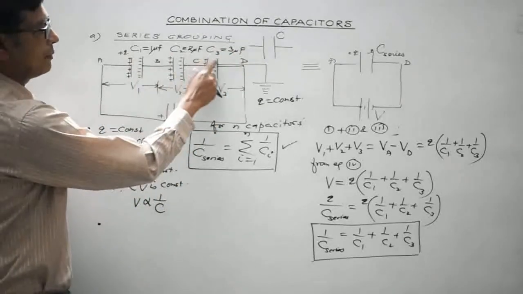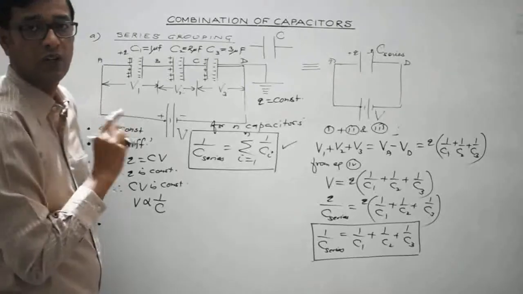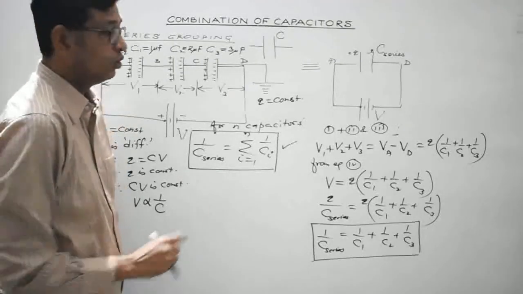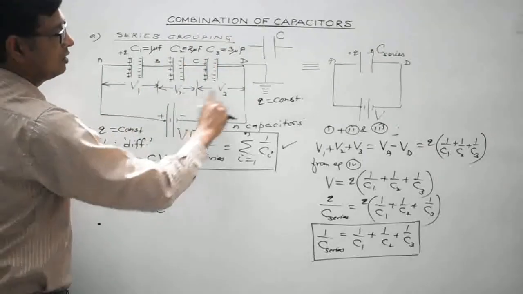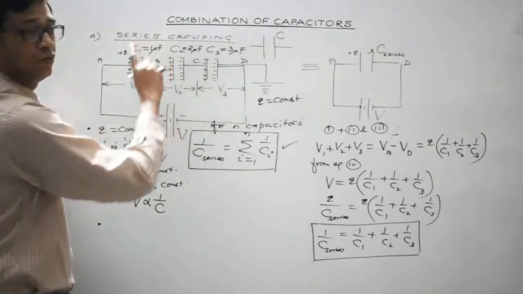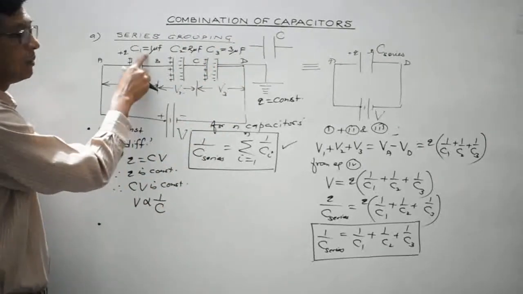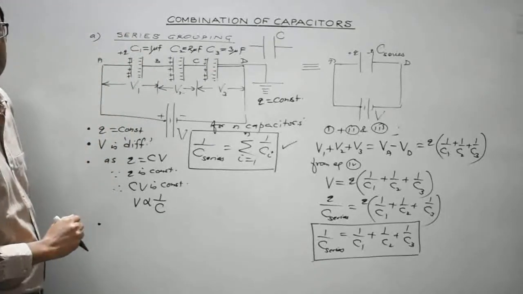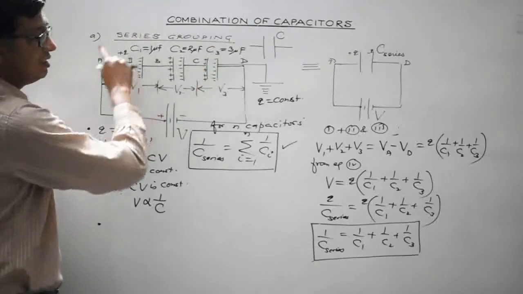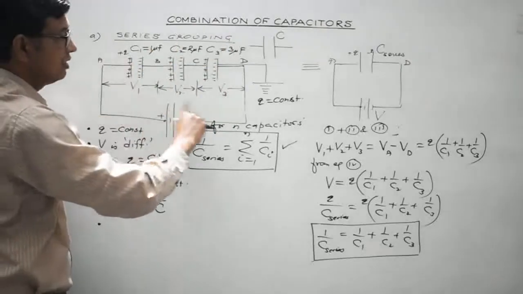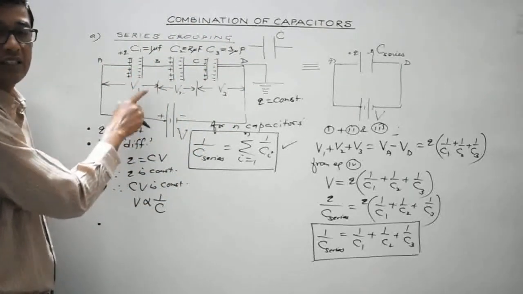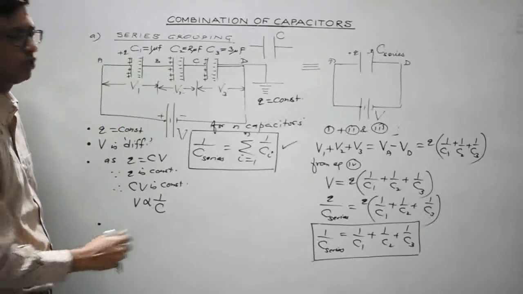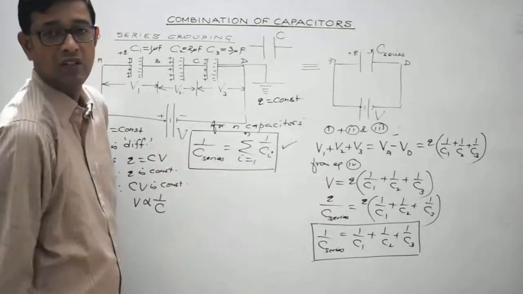Out of these three capacitors, the least value is 1 microfarad. So in series grouping, the resultant of all three capacitors connected in series would be less than the minimum of the given values of capacitance. So here C series, the series combination, will have a resultant capacitance which will be even less than 1 microfarad. You can easily check it by using this formula, right?